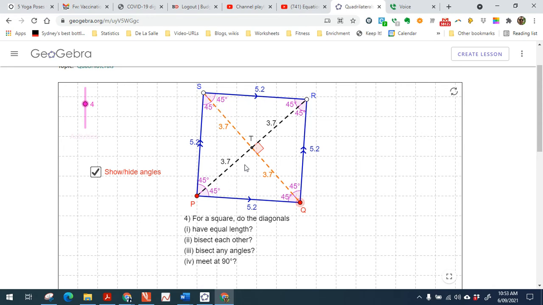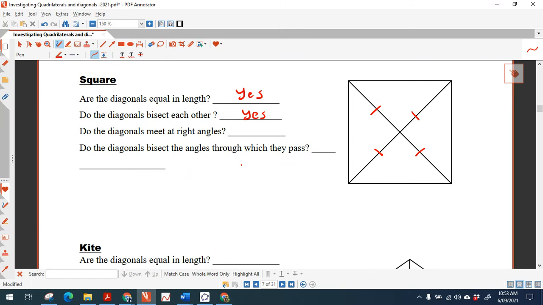Okay, so we can update this on our picture then. Do the diagonals meet at right angles? The answer is yes. And do the diagonals bisect the angles through which they pass? The answer is yes. So let's put those markings on the picture. So we've got a 90-degree angle at the center, and all of these angles here are 45 degrees.